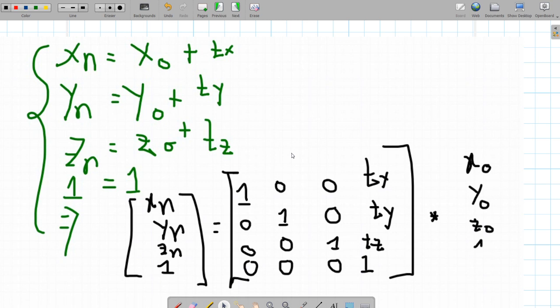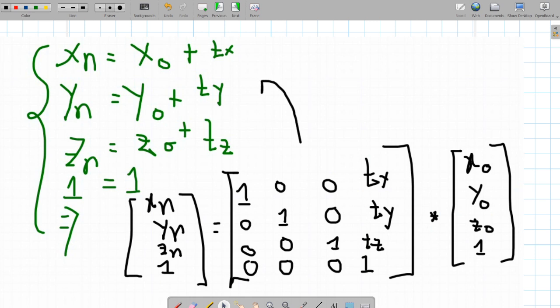We are done. You can see that if you do the multiplication on the right hand side, you will arrive at the same conclusion as these four equations. 1 multiplied with x old plus y old multiplied with 0 plus z old multiplied with 0 plus tx multiplied with 1.